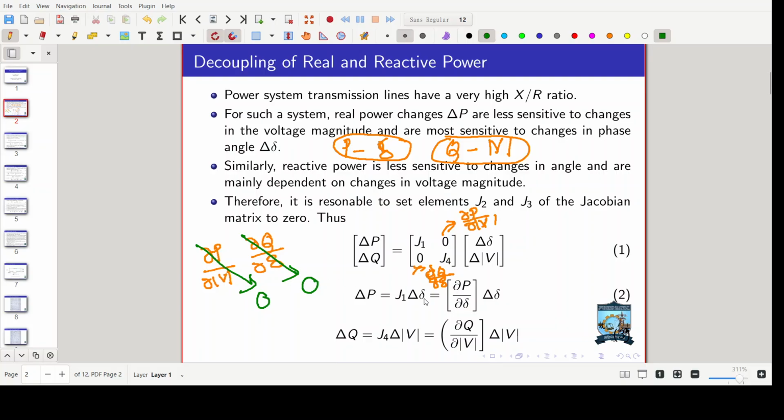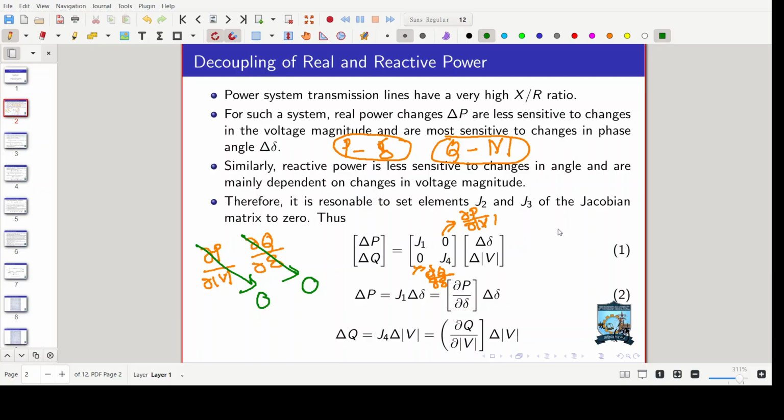Now this results in two equations. Delta P is equal to simply J1 delta delta, and delta Q is simply J4 delta V. That is, the change in the real power is dependent on the partial derivative of the P equation with respect to the load angle times the change in the load angle.